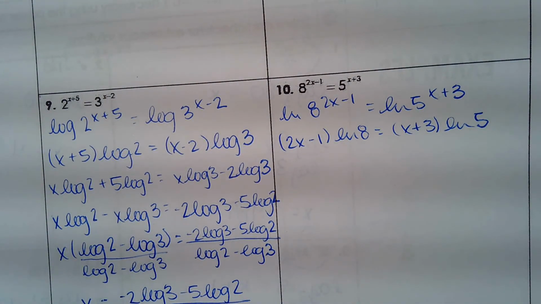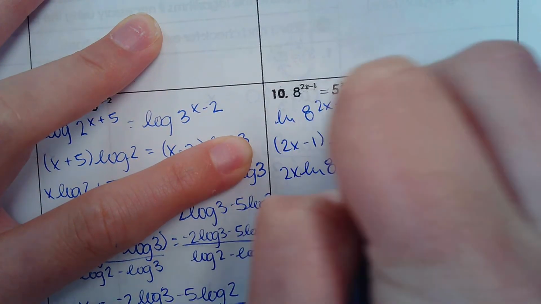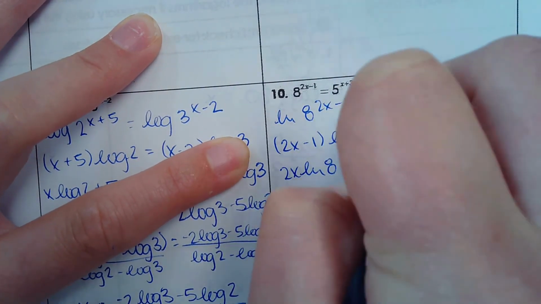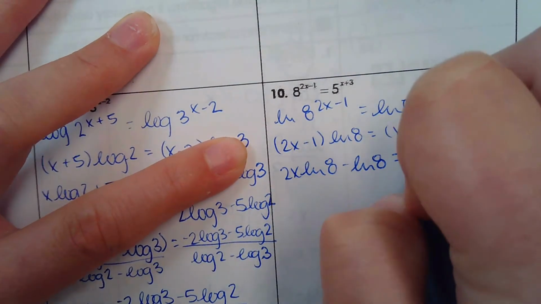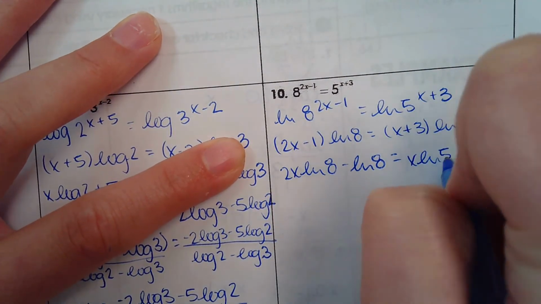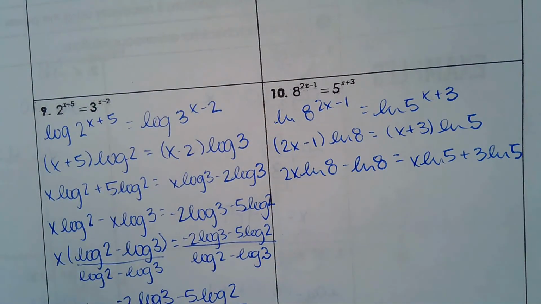So what's our next step? We'll have 2x times natural log of 8 minus 1 times natural log of 8, so just minus natural log of 8. And then we'll have x natural log of 5 plus 3 natural log of 5. We still okay?